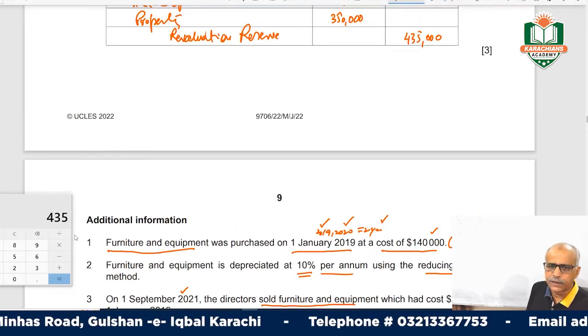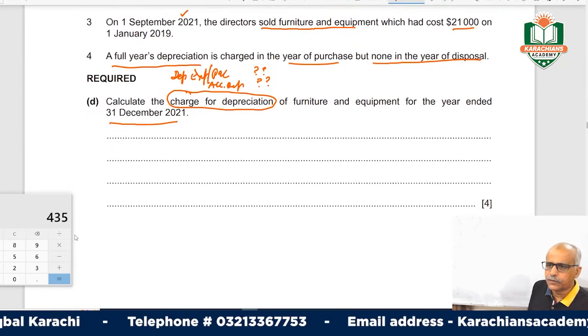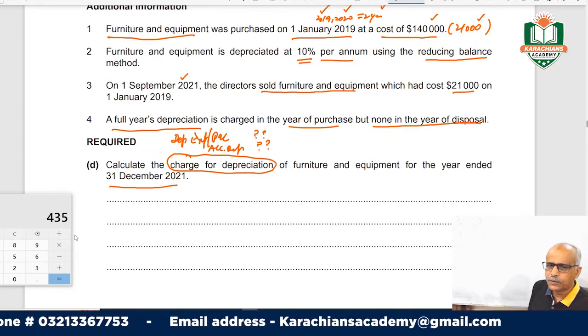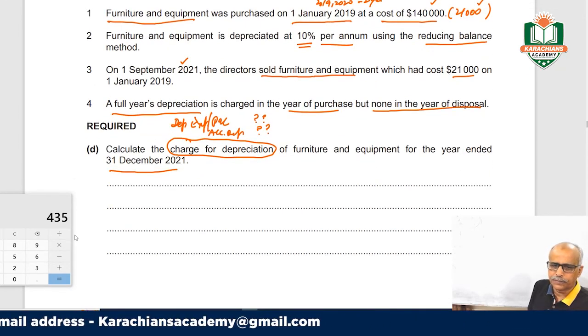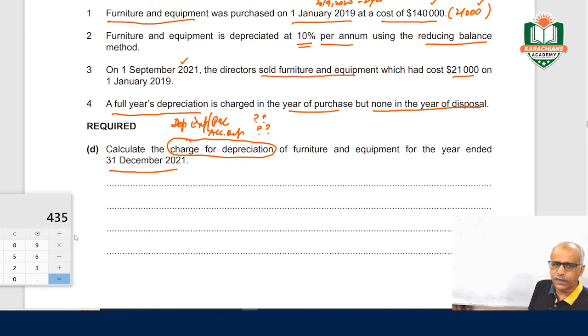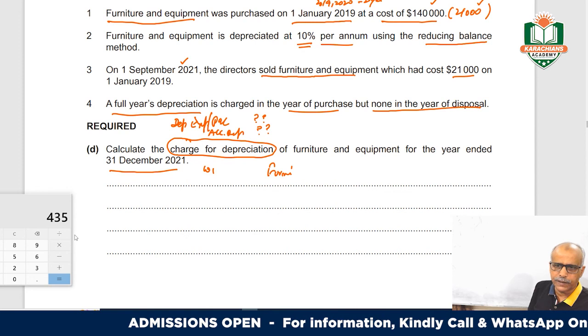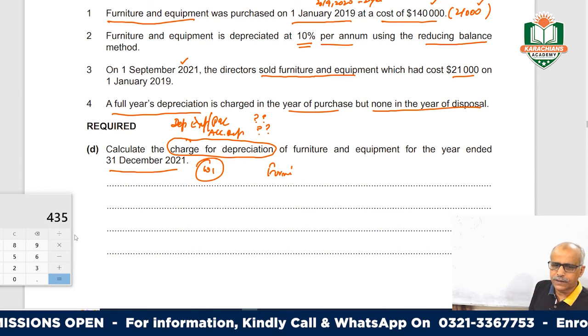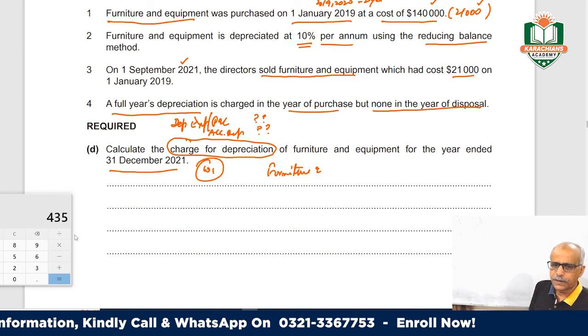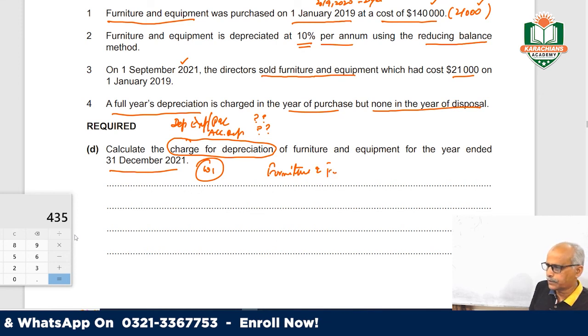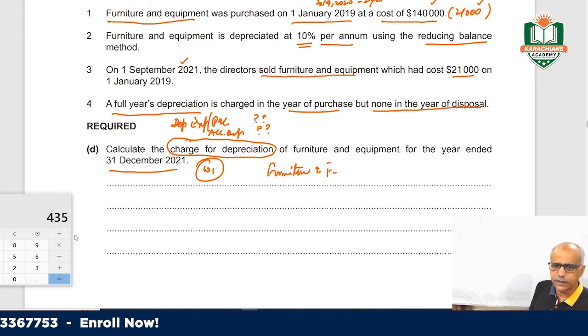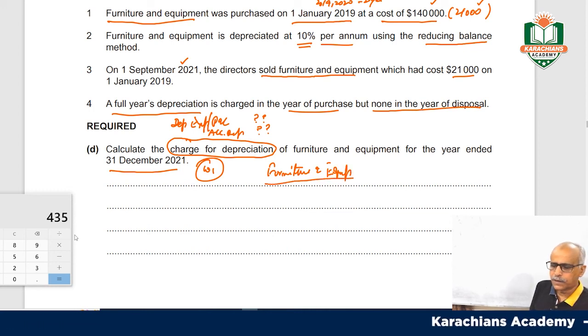We will do this question here, but you have to do the question properly. This is very simple. Always show this as a working: furniture and equipment.